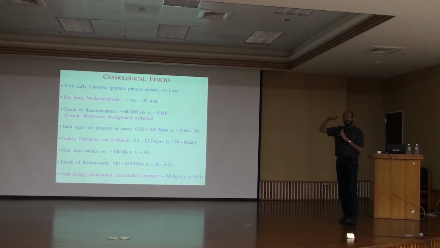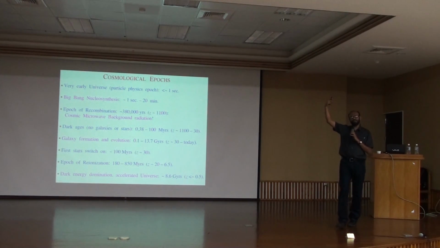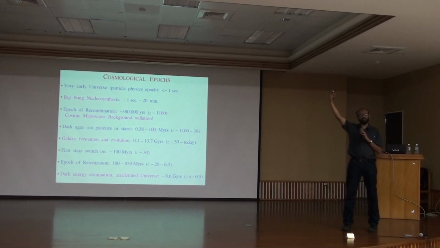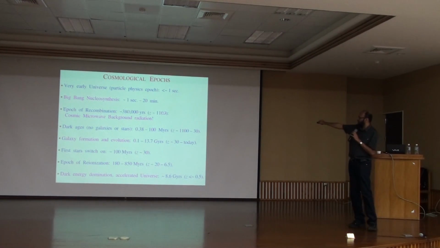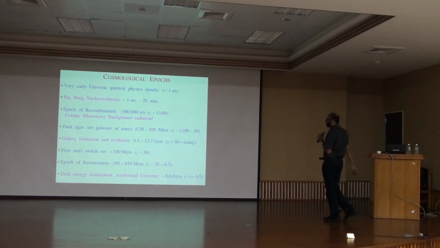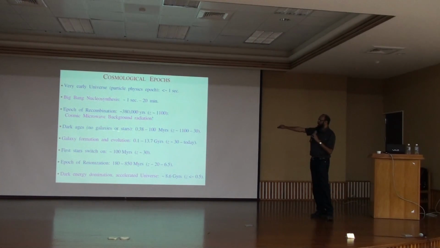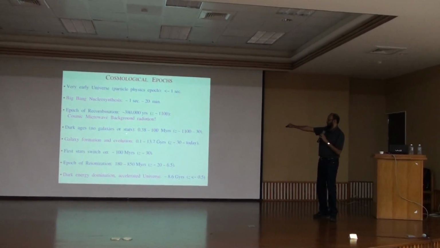So remember, higher and higher redshifts is earlier and earlier in the history of the universe. So 1100 is the epoch of recombination, and that's where we get the cosmic microwave background radiation from. And then for about a few 100 million years, there are no galaxies or stars, they're just hydrogen, helium, and radiation, and these are called the dark ages.